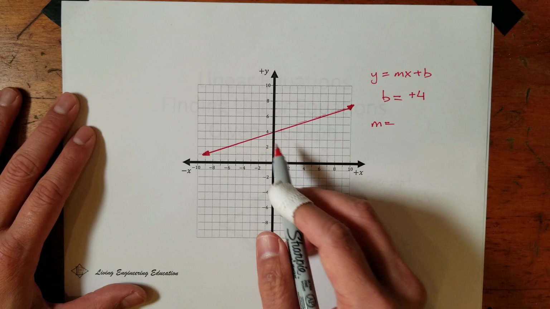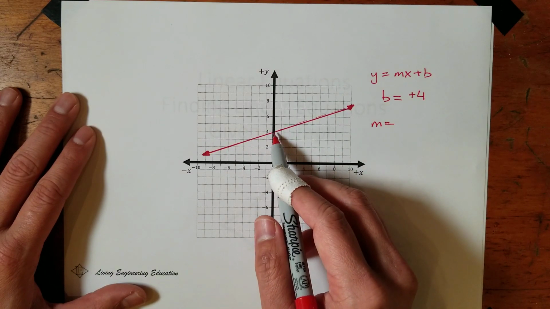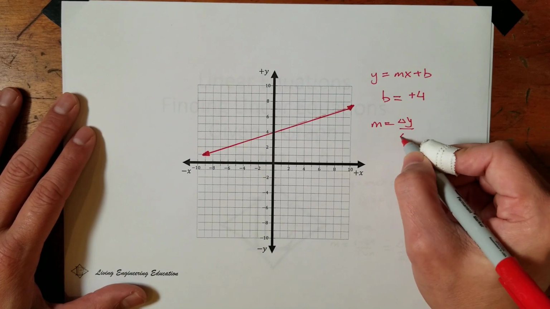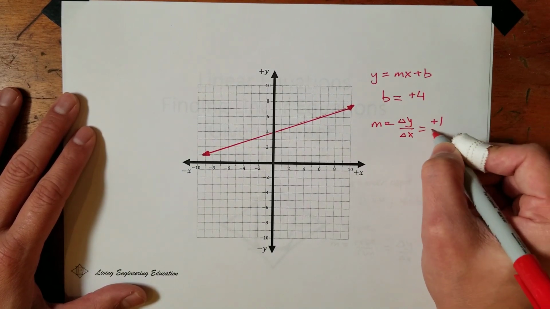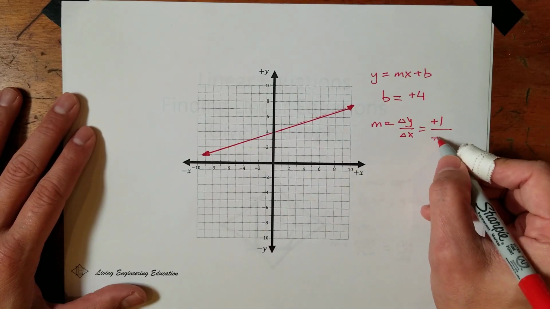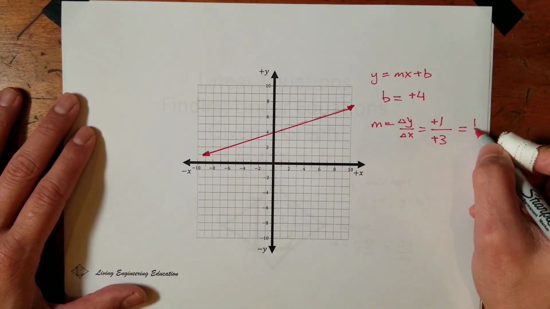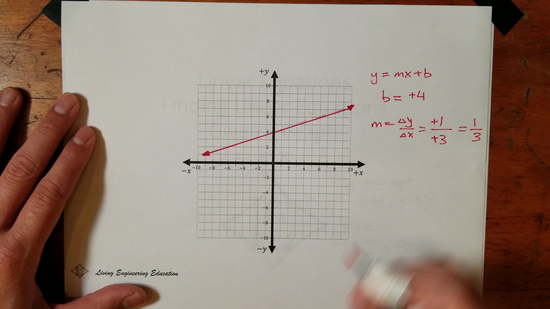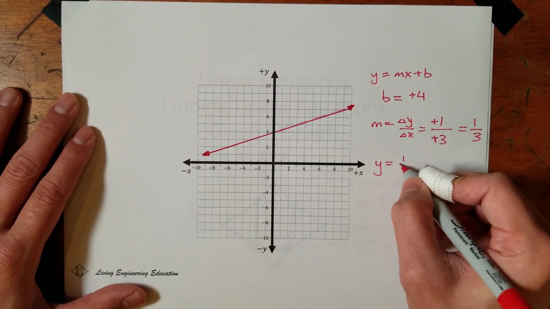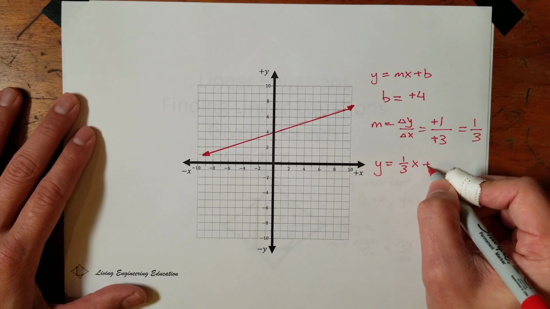And we'll start right there. And we'll march up 1. That's +1 for delta y. And then we'll go 1, 2, 3 to the right. So +3. So this is +1/3 for the slope. So my linear equation is y equals 1/3 x plus 4.